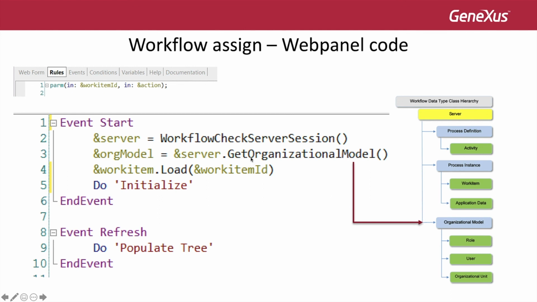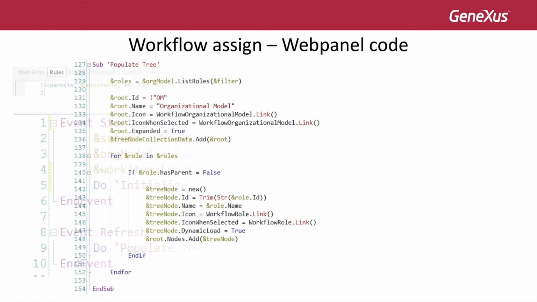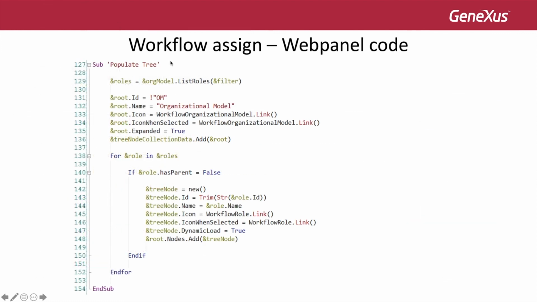With the method getOrganizationalModel, this will return a workflow organizational model data type, which in this case is going to be assigned to the org model variable. Then it will load the work items received by parameter to the work item variable. Then it will refresh, it will populate the tree control. And this is going to be done in this subroutine.